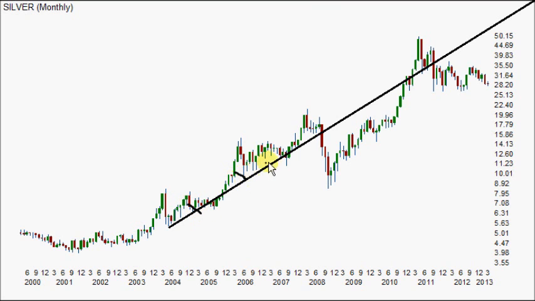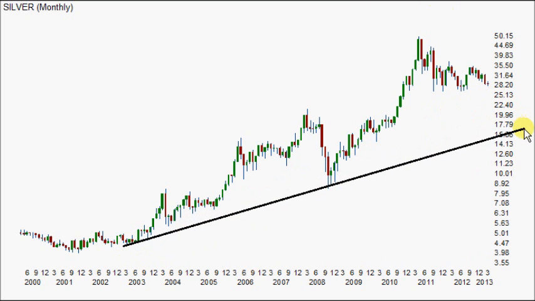You've got this low, this low, this low, and then again here, but it obviously didn't hold as well. And as far as the most ultimate trend, this one here, but currently that's at like 15 right now, so a long ways to go.